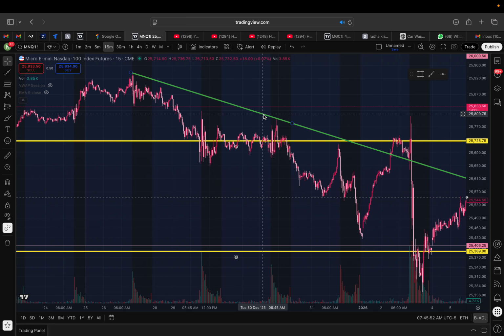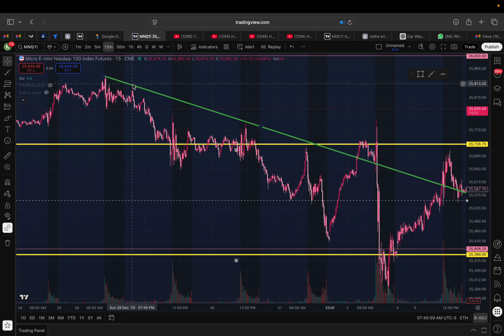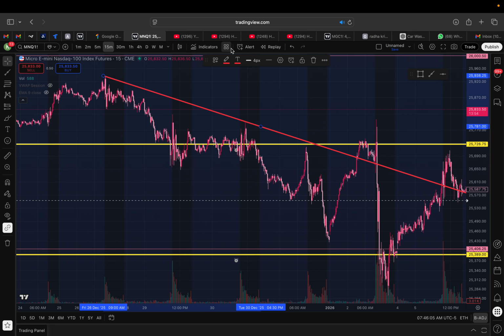Yes, so it says that it was a 2 touch point break and retest. So I usually take trades on the basis of trend line and 3 candle rule, both of them. But sometimes it is either or. I'm still trying to figure that part out.